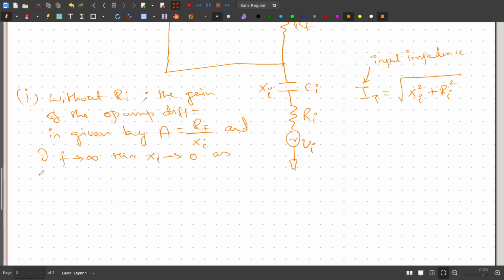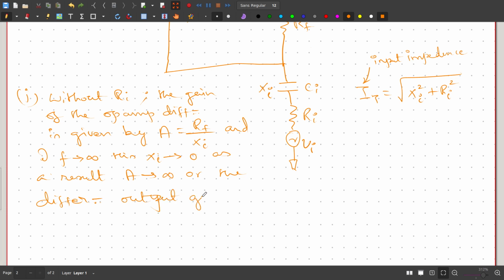As a result, our A tends to infinity, or the differentiator output gets to saturation. So with saturation there won't be any differentiation action taking place.